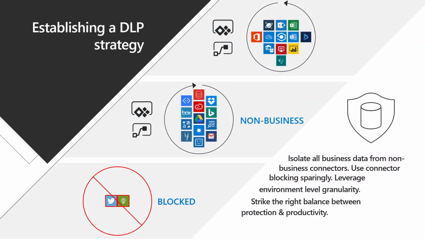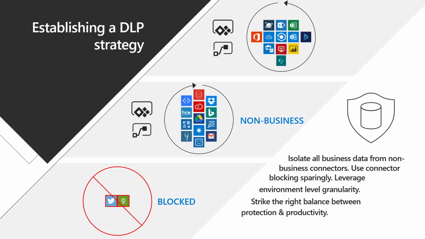So how do you go about setting up a DLP strategy? It's about drawing these boundaries around what connectors can be used together versus not in a given app or flow. So work out what those are. In this example, if admins have put SharePoint in the business category and Dropbox in the non-business category, then Power Platform makers can no longer make apps and flows that use these two connectors together.